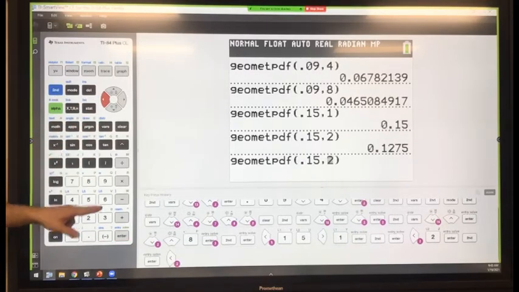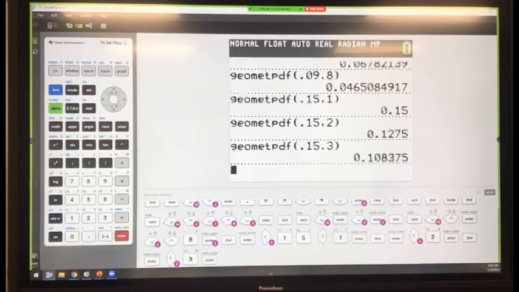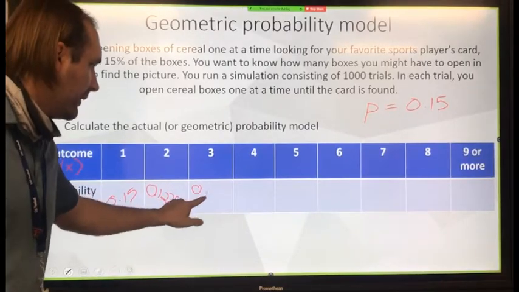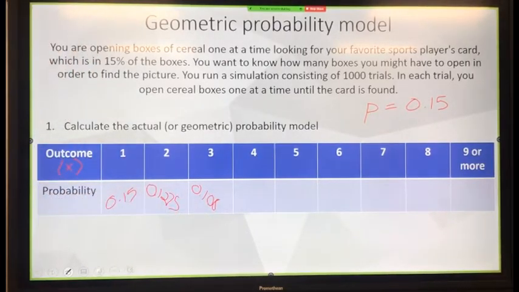Change that to 3. So the first 2 boxes failed. What's the chance of that third box being the card? So about 11%. So 0.108. Yeah, say 3. Now go ahead and fill in for 4, 5, 6, 7, 8 and see if you can figure out 9 or more.